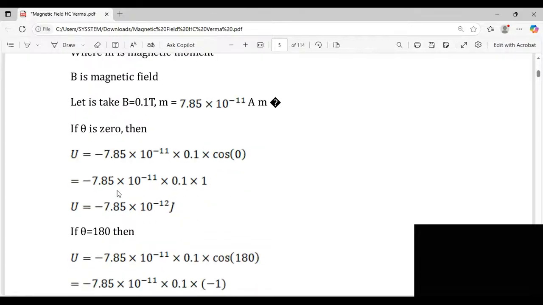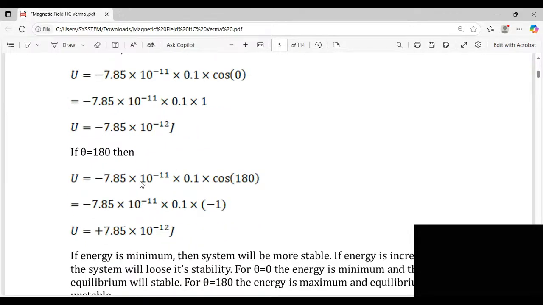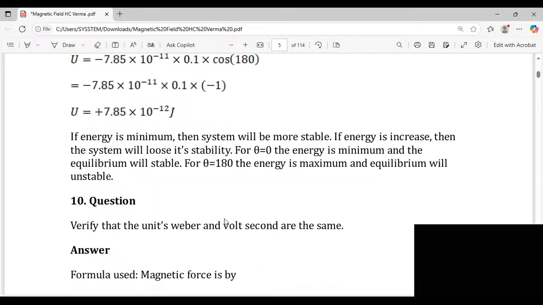If theta is 0, then the value of cos 0 is 1, so the value will be minus 7.85 into 10 to the power minus 12 joule. If theta equals 180 degrees, then the value of cos 180 degrees is minus 1. Therefore, the potential energy will be plus 7.85 into 10 to the power minus 12 joule.